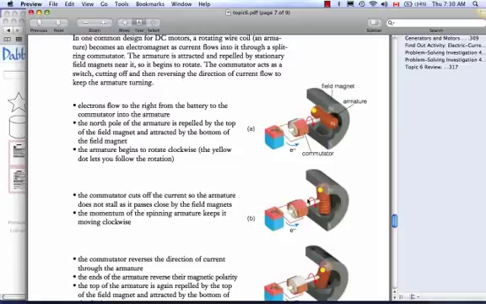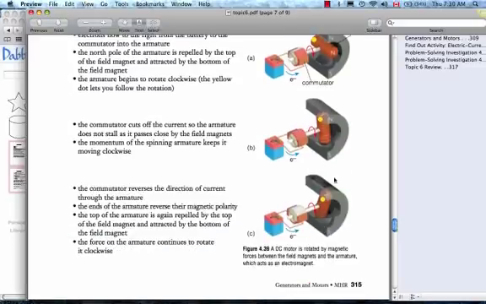So now watch, it's spun, the commutator spinning, but then there's a gap in the electricity here. Okay, so there's a gap and the electrons stop flowing, but it keeps spinning a little bit. And eventually what happens is, see how this was once south?